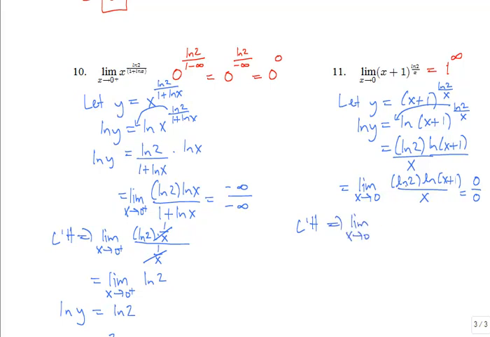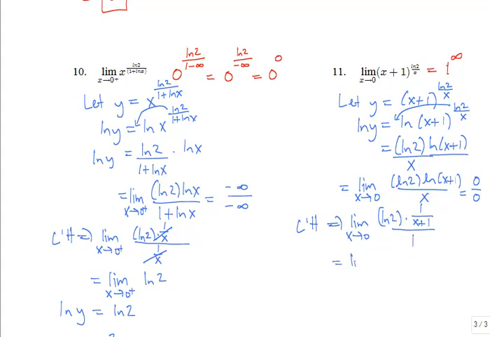The constant multiplier out front will stay put, and the derivative of ln of x plus 1 is stuff prime over stuff. So the x plus 1 goes to the bottom, that's your stuff, and the derivative of that, stuff prime, is just a 1. So derivative of ln of x plus 1 is 1 over x plus 1, and the derivative of the x in the bottom goes to 1.